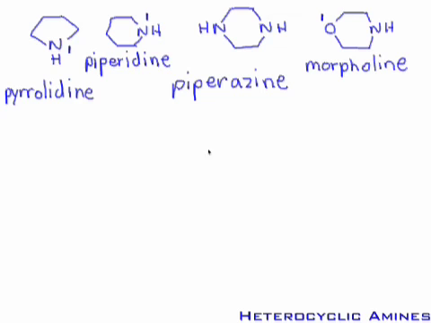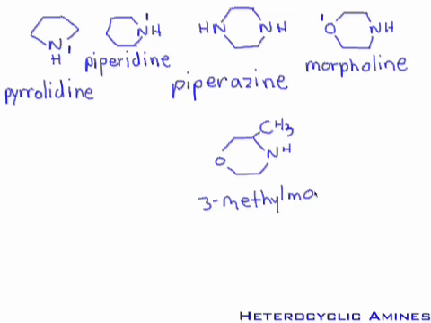So if I had a substituent in morpholine that appeared near the nitrogen, I can't go 2 and number the nitrogen 1. The oxygen of morpholine is number 1. That's 1, 2, 3. The best I can do is say 3-methyl morpholine. All right.